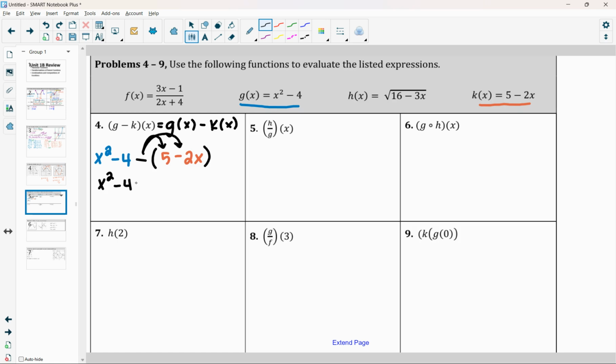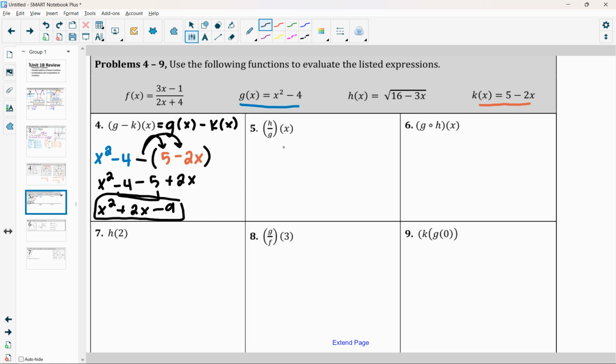So you're going to be minusing 5 and then minus a negative 2x, which is plus 2x. Then you can combine your like terms. So we only have the x squared term. We only have the 2x. And then we have the negative 4 minus 5, which gives us negative 9.